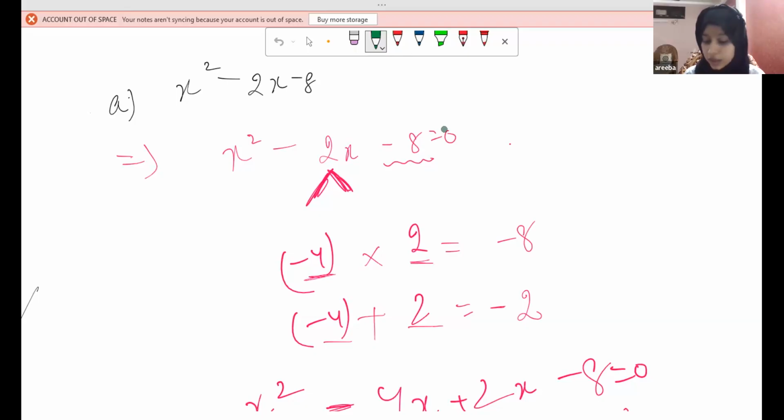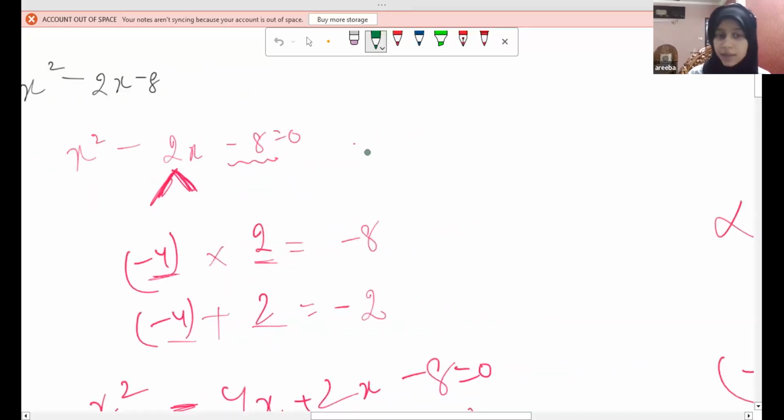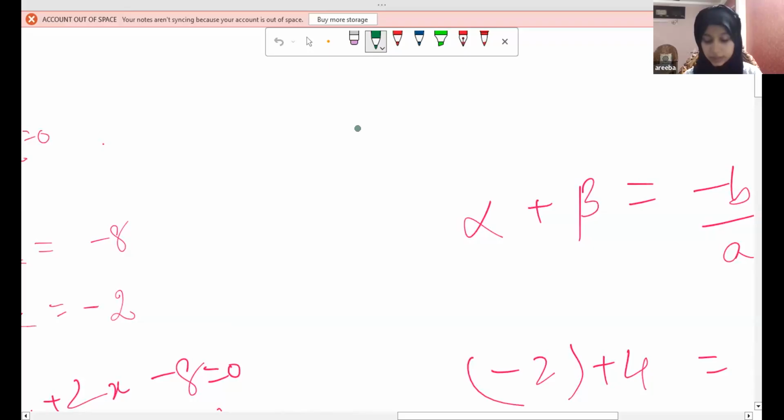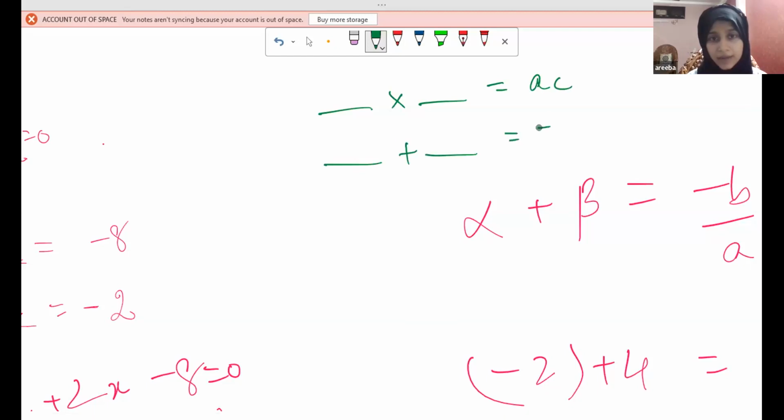How are we gonna solve it? We are basically multiplying A and C, okay, and then we have to find two factors such that after multiplying we get AC and after adding we get B. Okay, whatever is there.